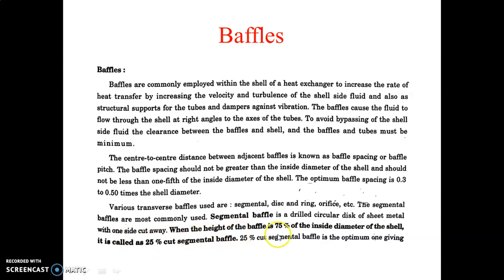When the height of the baffle is 75% of the inside diameter of the shell, it is called a 25% cut baffle. So you maintain the baffle height at 75% of the inside diameter of the shell, and that baffle is called a 25% segmental baffle.